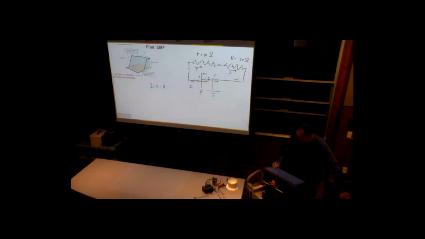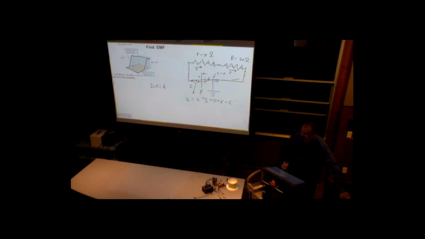So we make this potential equal to 0, which means this potential, we call it a plus, should be equal to the negative plus EMF. That's what a battery does. It brings the potential higher by its own EMF. So that's 0 plus EMF.